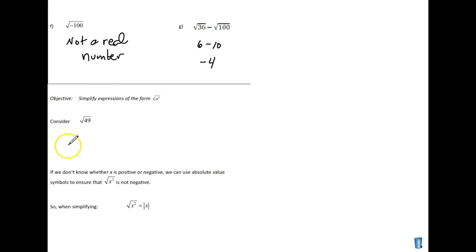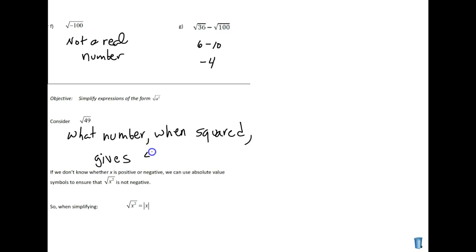Okay, so when you are considering the square root of 49, you're asking yourself, what number, when I square it, gives me 49? That's what we're actually asking ourselves, okay? Well, interestingly enough, there are two answers. 7, because 7 squared is 49, but also -7, when I square it, gives me 49.